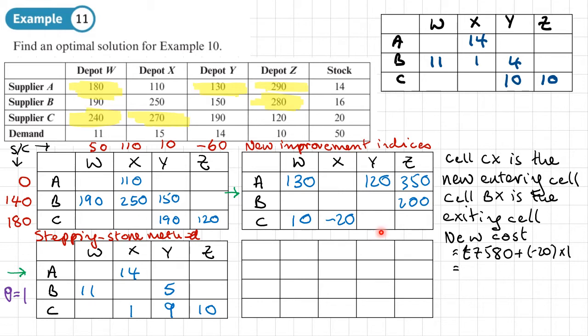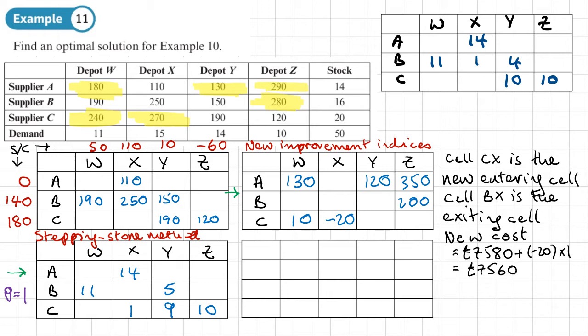We're now going to work out what our improved cost is. The quick way of doing that is our old cost, £7,580, plus the negative improvement index times the value that we chose for theta here, and that will give us £7,560.